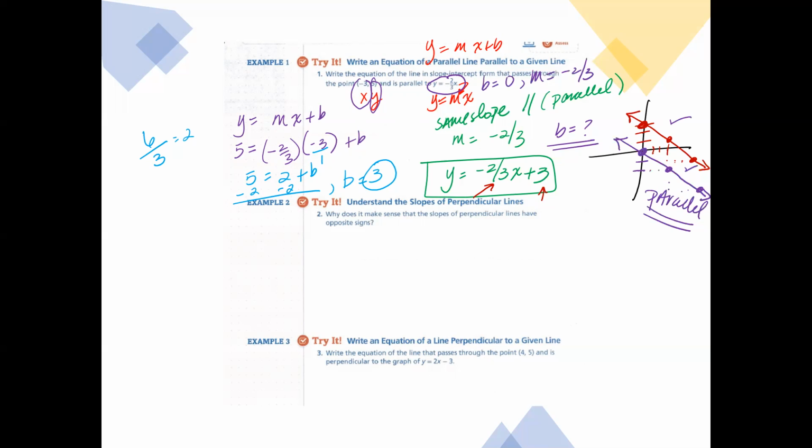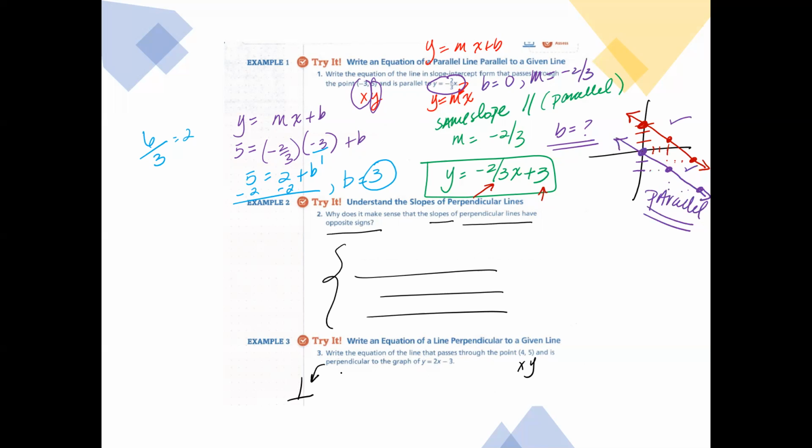Number 2, why does it make sense that the slopes of perpendicular lines have opposite signs? You go ahead and fill that part out. It is subjective. Question number 3, write the equation of a line that passes through point (4, 5) and is perpendicular to y equals 2x minus 3.